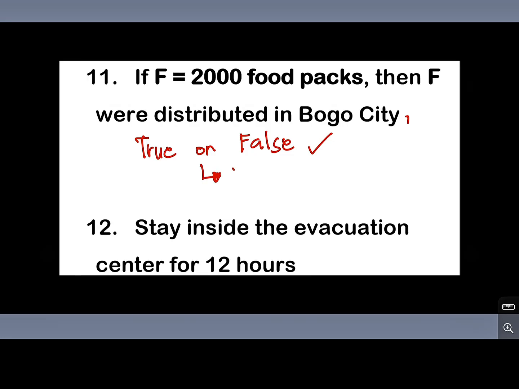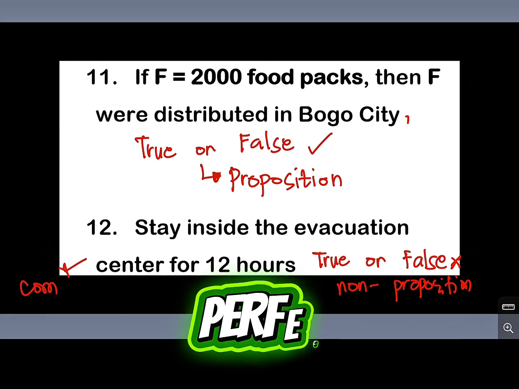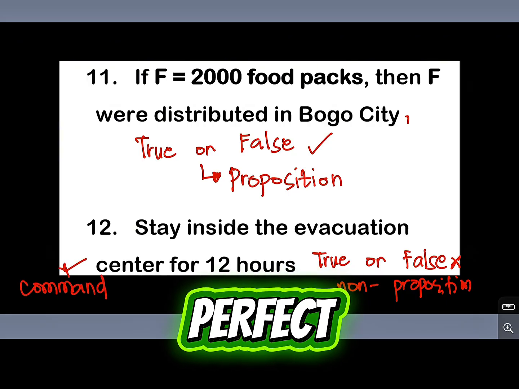Stay inside the evacuation center for 12 hours. Again, we need to ask ourselves, can this statement be answerable by true or false? If not, then it is a non-proposition. Stay inside the evacuation center for 12 hours is a command. Then it is not a proposition.